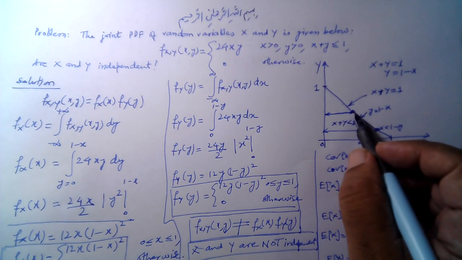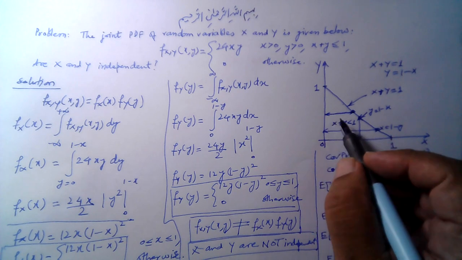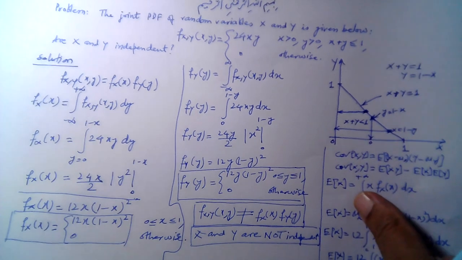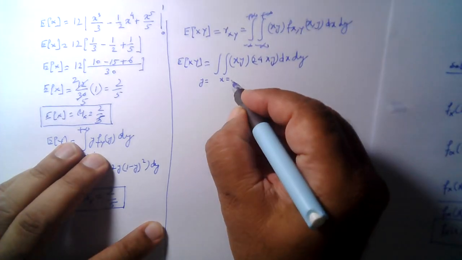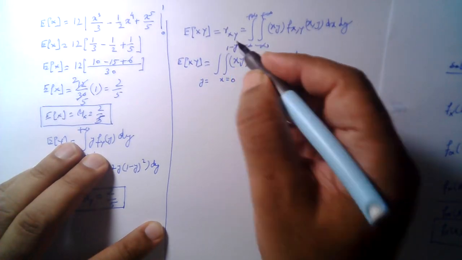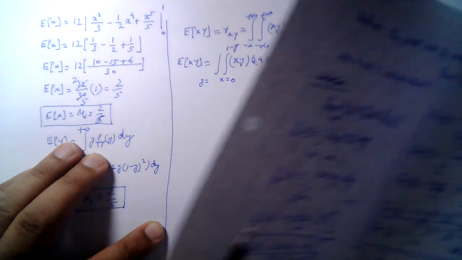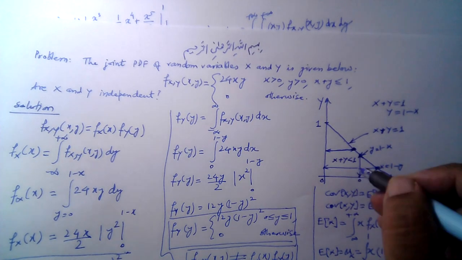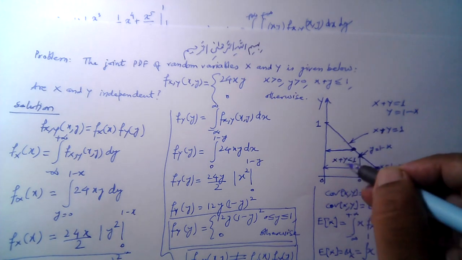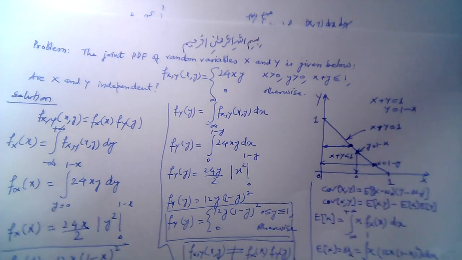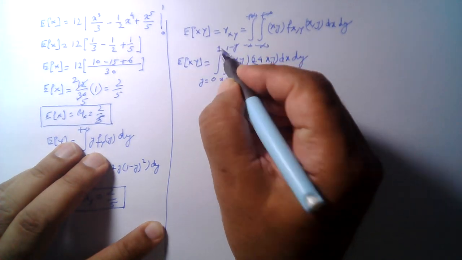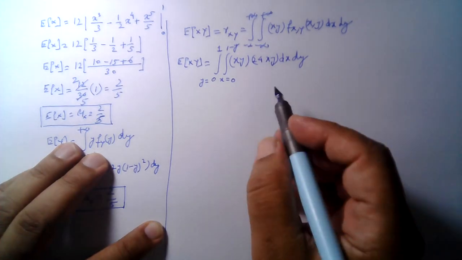So the limits of x are from 0 to 1 minus y, and this strip will move, with y going from 0 to 1, to cover this entire region. So the limits for y are 0 to 1.